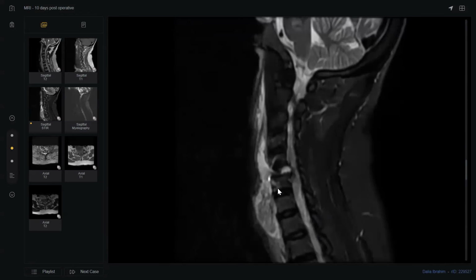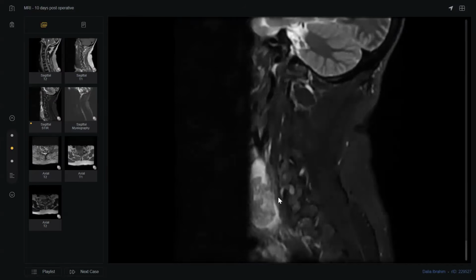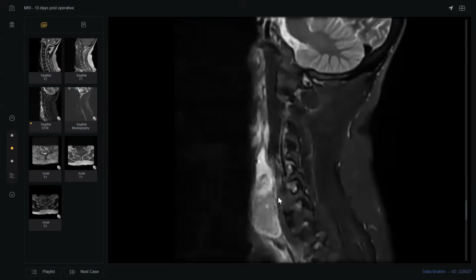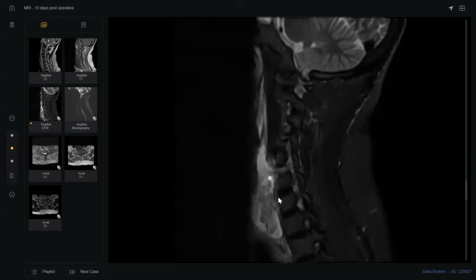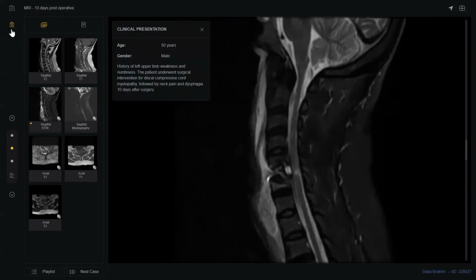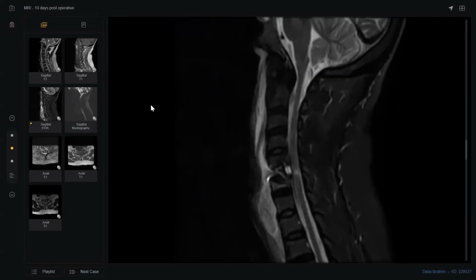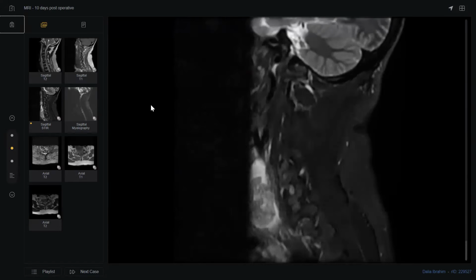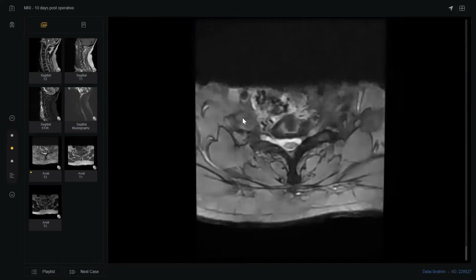Okay, give us 1 minute. You answered well. This may be collection with hemorrhage. What else? Patient has no fever, he just has some sort of post-operative dysphagia. Look here.